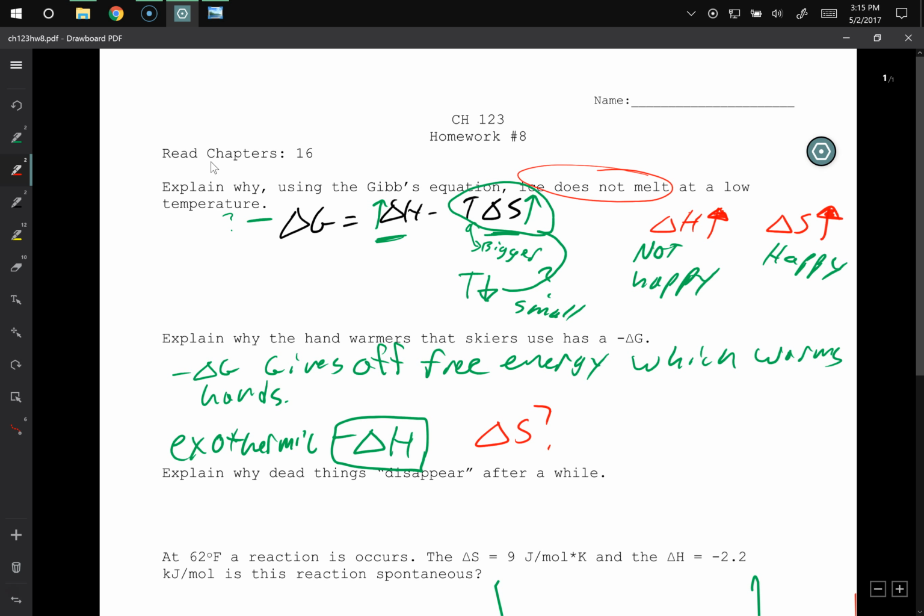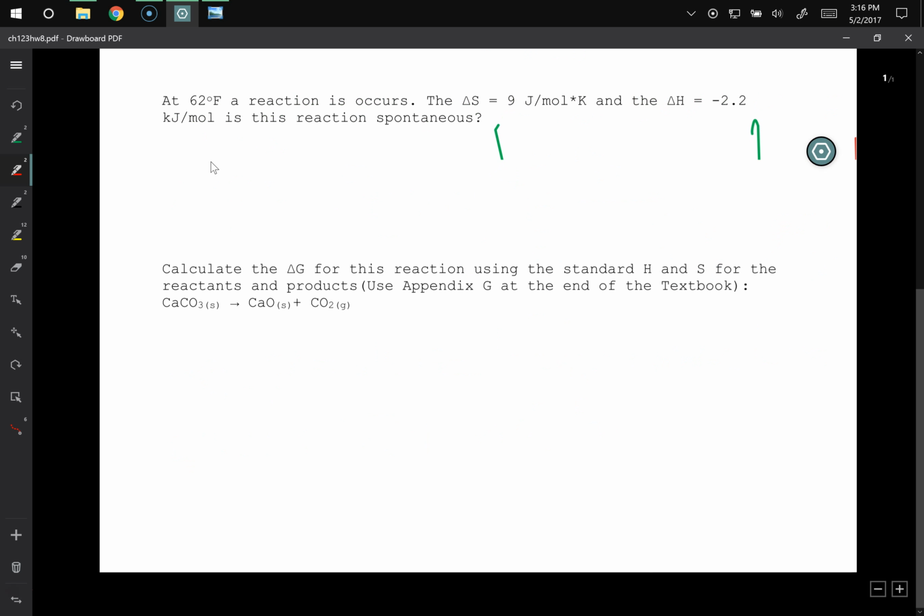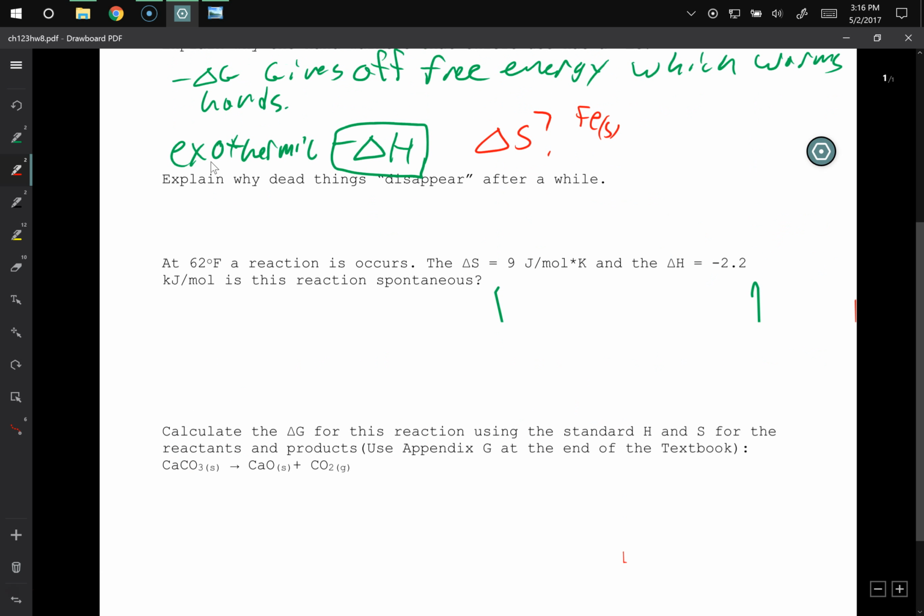Nobody looked it up? Iron. Fe solid powder. What's the other reactant? Oxygen from the atmosphere. And the result? What does it look like?